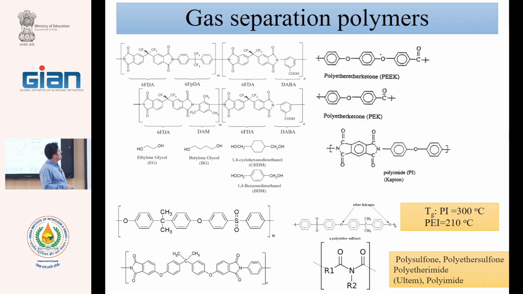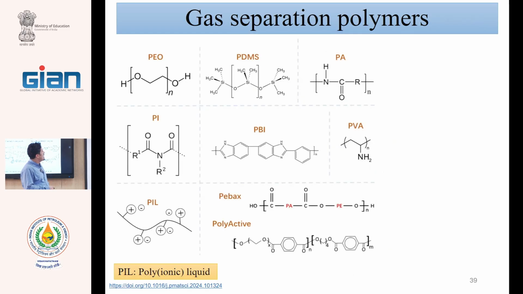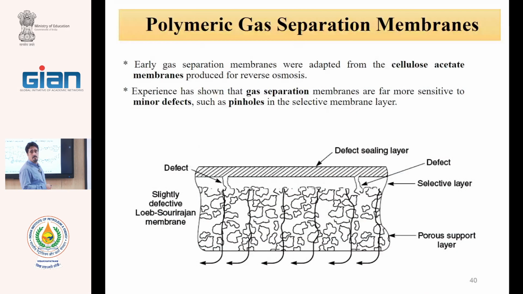There are new polymers in fabrication. In the previous slide, you see the traditional ones, but every day new polymers are synthesized and reported for fabrication of membranes, such as polymers of intrinsic microporosity, which are very important and have a very high flux.